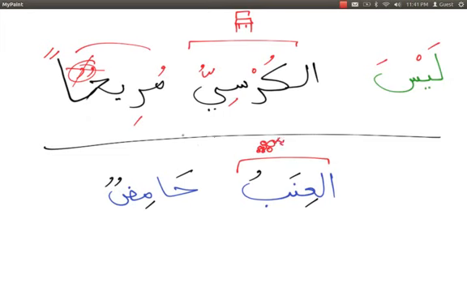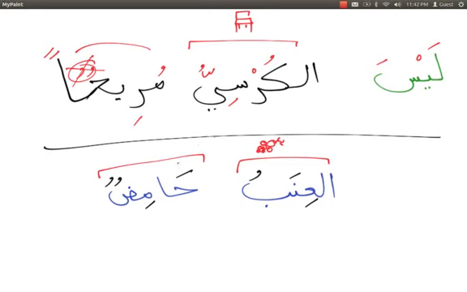Actually it's just one vine of grape, or a few grapes together. It's called عنب, so in this form it's considered kind of a singular. And then we have حامض. حامض means sour. So العنب حامض means the grapes are sour.